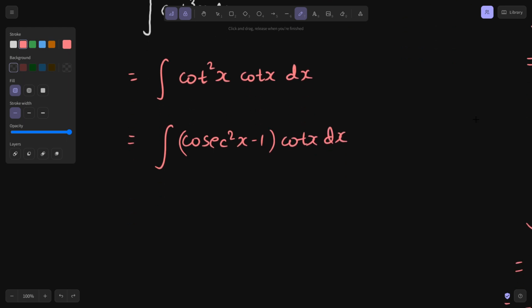Next we can multiply inside and write this as separate integrals. Minus integral of cot x dx.